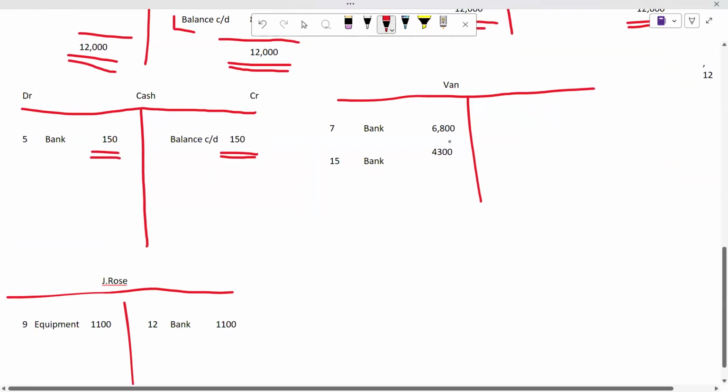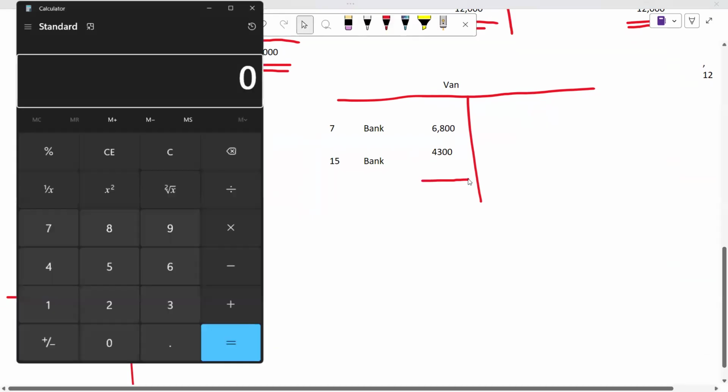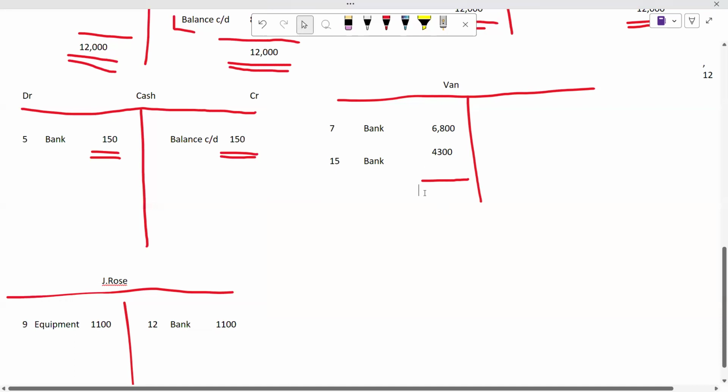That's it. For the van, the total is going to be 6,800 plus 4,300. It's 11,100.